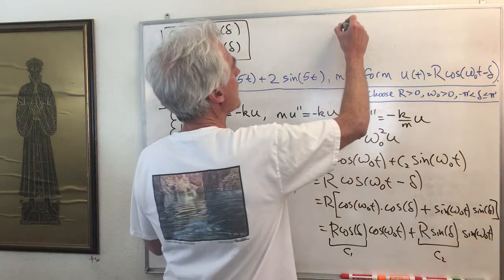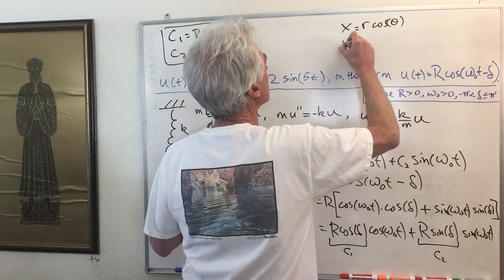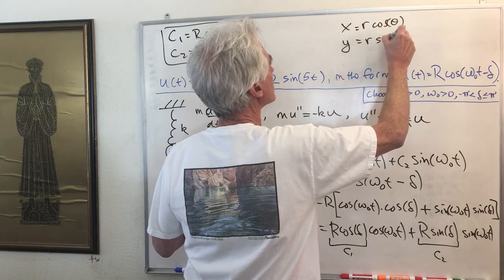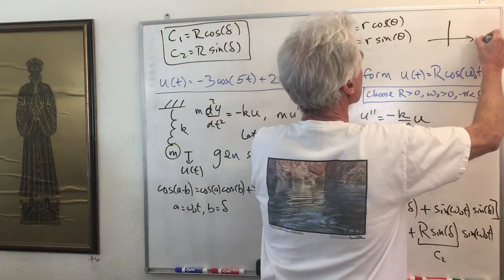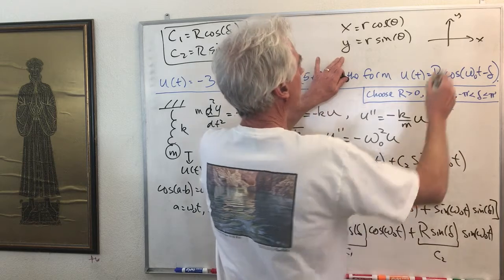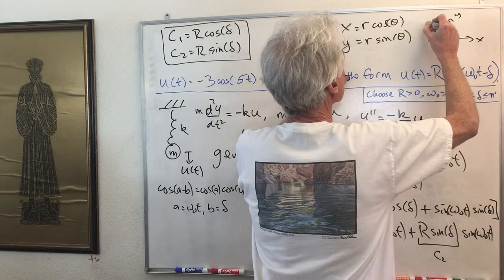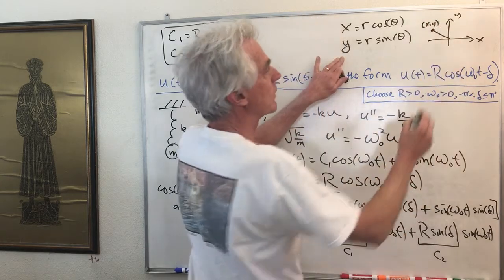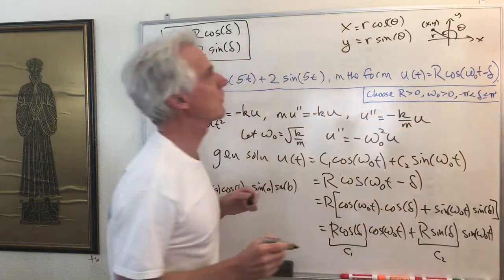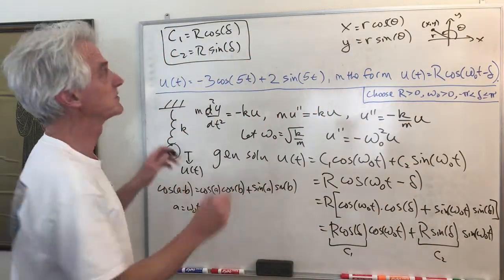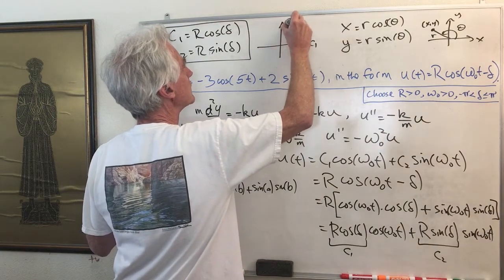I'm going to do it over here. You might remember that x is r cos theta and y equals r sine theta in polar coordinates in the xy plane. Here's x and y, and you might have a point, say, over here. Here's a point x, y. You have r and theta as the polar coordinates. And the same thing happens over here. I can think of the c1, c2 plane.